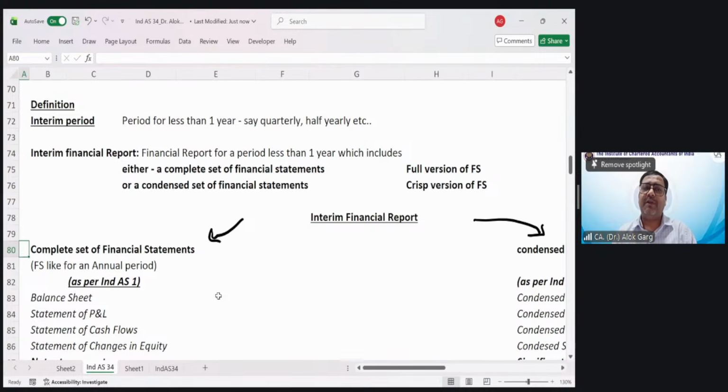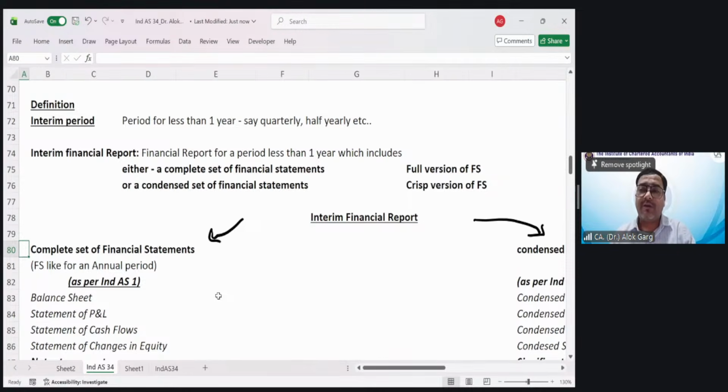I will prepare the 10-15 pages of accounting policy. I will give all the breakup of balance sheet items, P&L items, all the reconciliations, disclosures, everything like an annual financial statement. Then it is known as a complete set of financial statements.